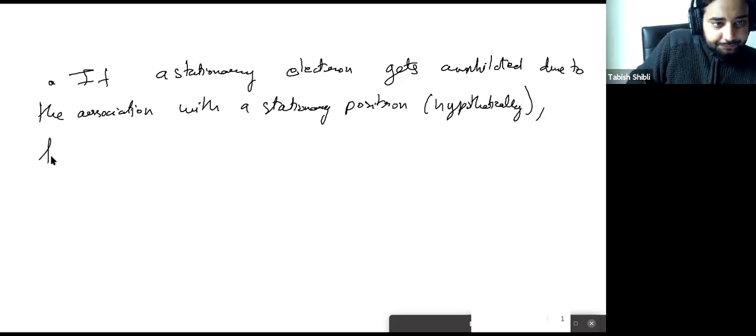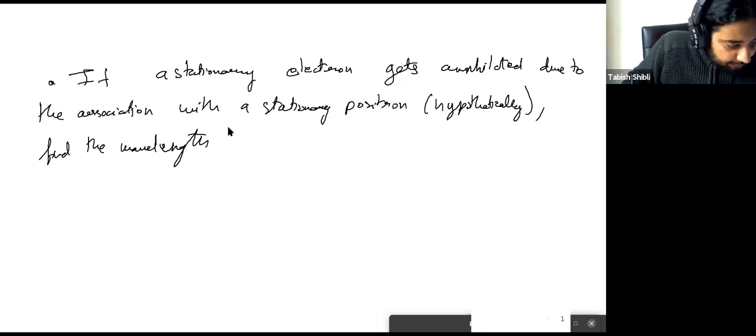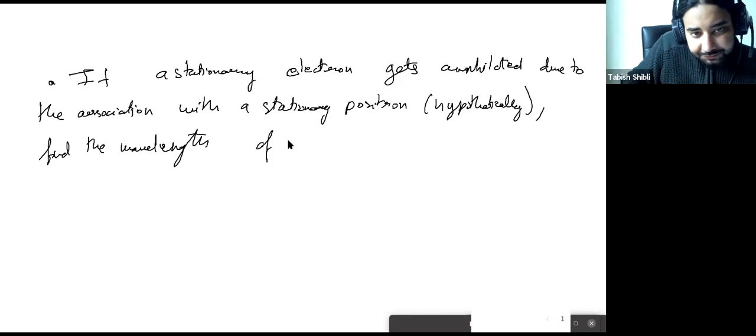Find the wavelength of the resulting radiation.